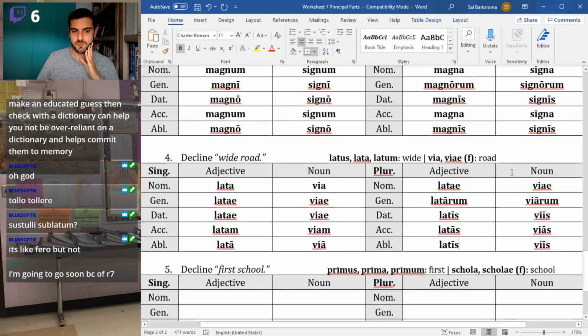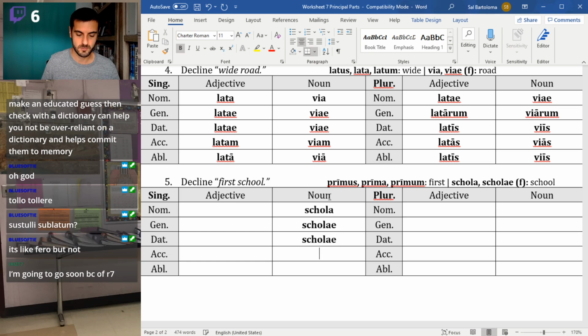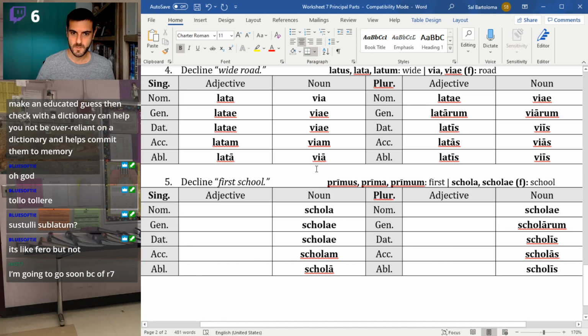And that brings us to the last one, which it turns out is also a first declension noun that happens to be feminine. So I gave you two easy ones at the end. Schola, scholae, scholae, scholam, schola, scholae, scholarum, scholis, scholas, scholis. And my adjective is primus, prima, primum.